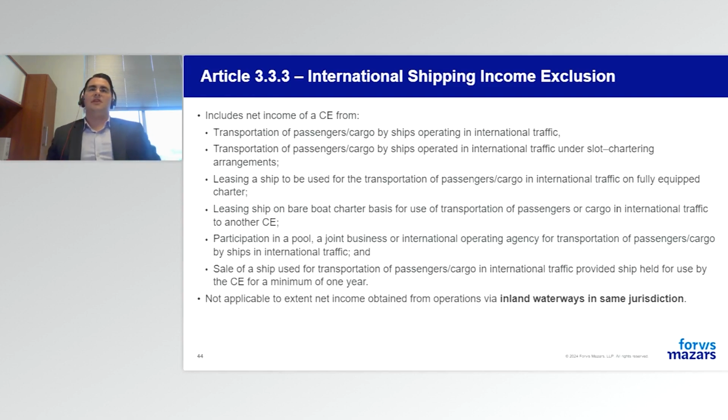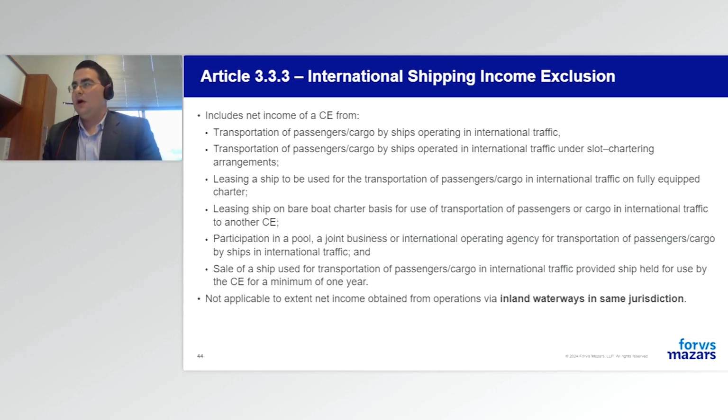You're basically looking for transportation, leasing activities of transportation or cargo vehicles, and/or sales with respect to international traffic ships. When you're thinking about this, you're thinking about it from a cross-border perspective. So I'm going to use Germany as an example.